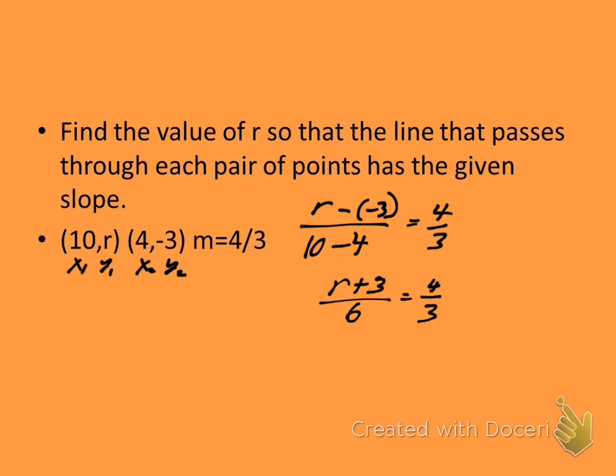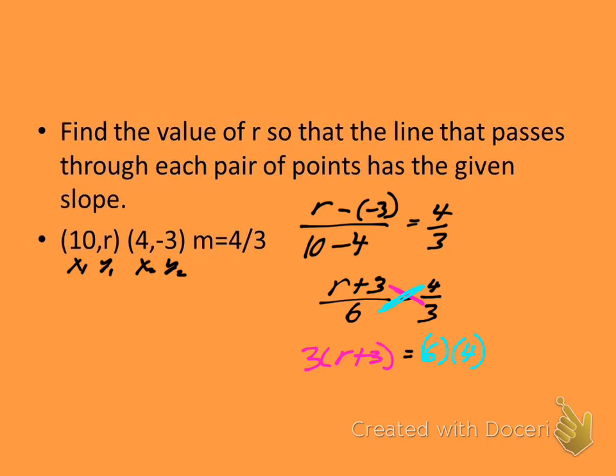Now, from there, a couple different ways you can go about this. I'm going to teach you just one though, and that's cross multiplying. When you cross multiply, you multiply these two things together, and you multiply these two things together. The pink two things, you do 3 times r plus 3 equals the blue, which is 6 times 4.